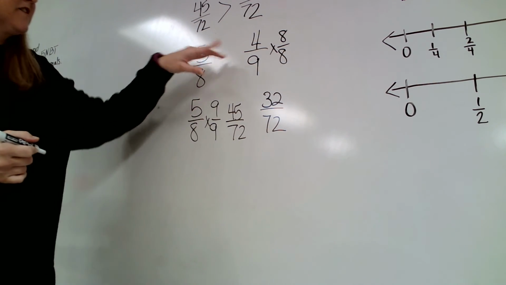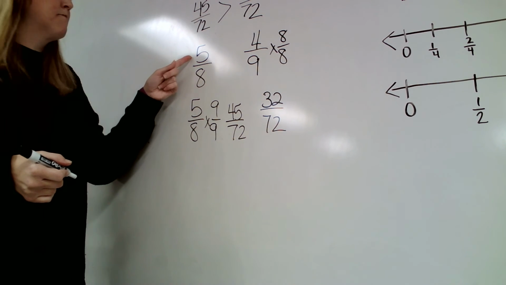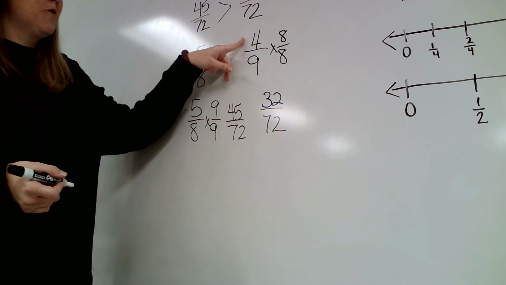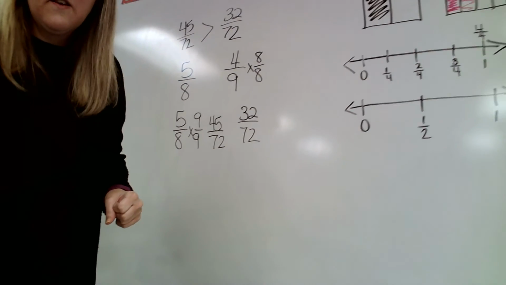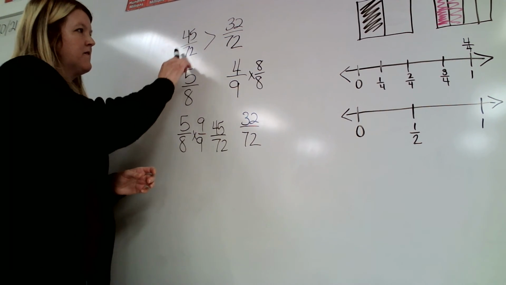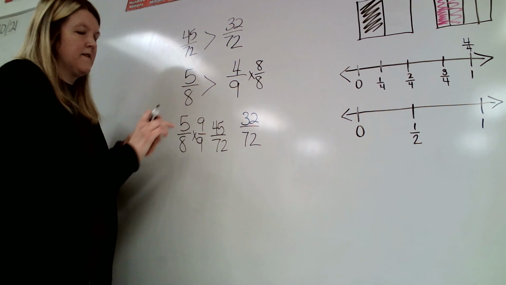So 5/8 is greater than 4/9. And you might have noticed, because 5 is more than half of 8, that this one was going to be bigger, because 4 is not quite half of 9. So that's another way that you could use the reasoning to see that. But 45/72 is greater than 32/72, so that means 5/8 is greater than 4/9.